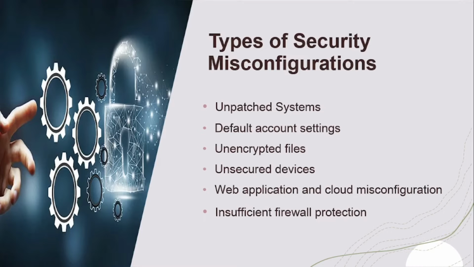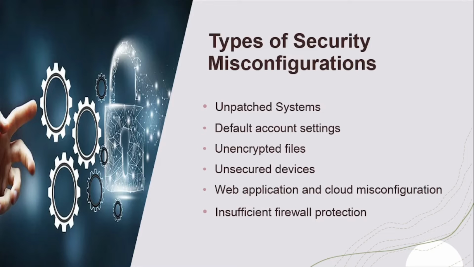Unencrypted files. Unencrypted or poorly encrypted files give hackers the opportunity to illegally access your system, steal data, or modify it with false information. Unsecured devices. Using compromised devices or credentials, or using the same passwords for different systems, could make your environment insecure.